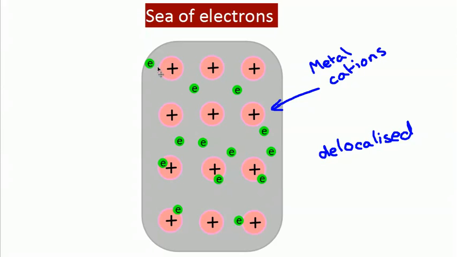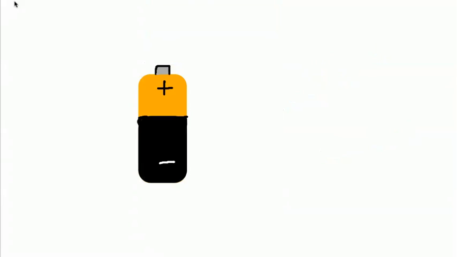So how does this actually help us understand some of their properties? Well, if we look at a simple one first, if we take a battery, then the electricity or the electrical charge is all about flowing electrons. Flowing charge, I'm going to put here.